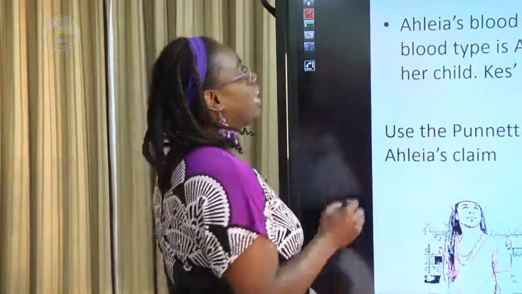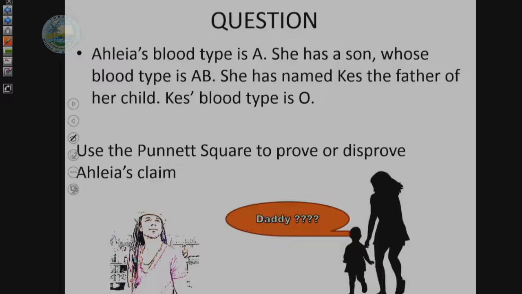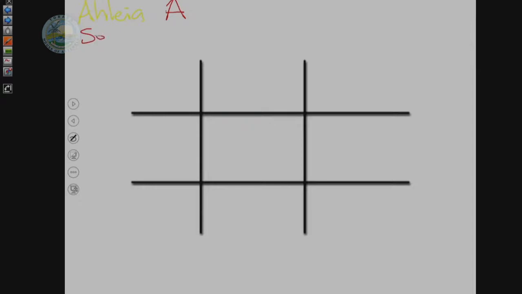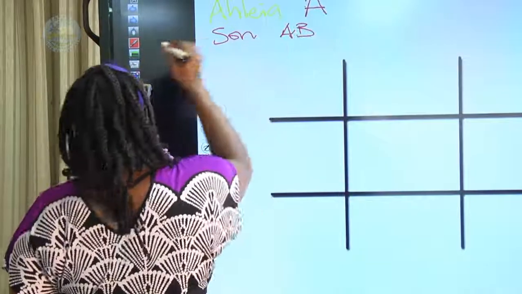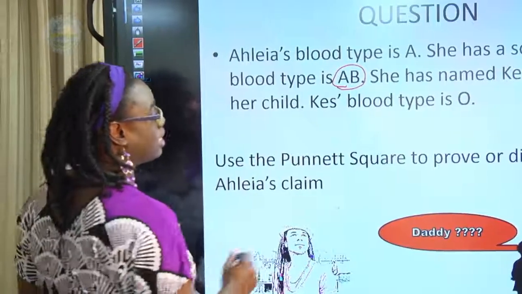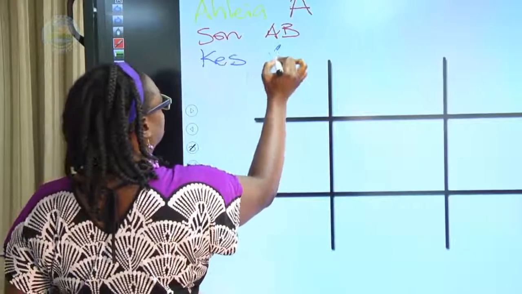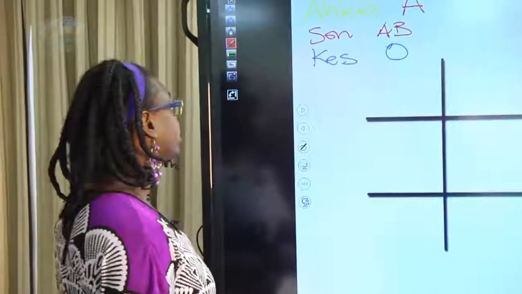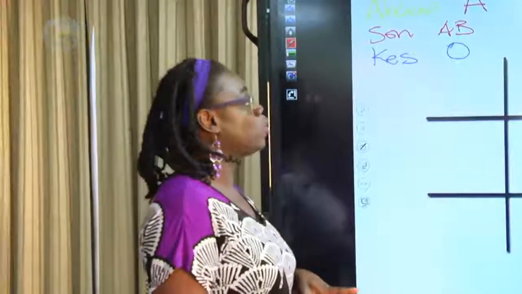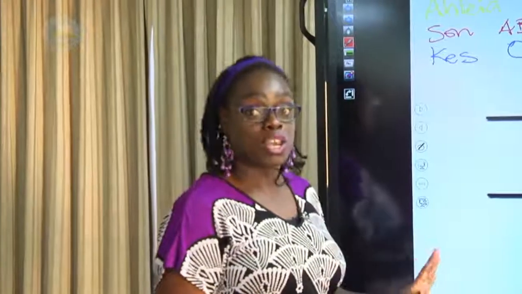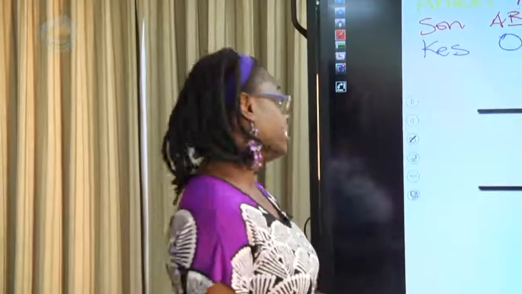Let's see. Aaliyah's blood type is A, and the son is AB, and Kes is blood type O. Because Kes is blood type O, we know that his genotype can only be OO, because it's the recessive allele.